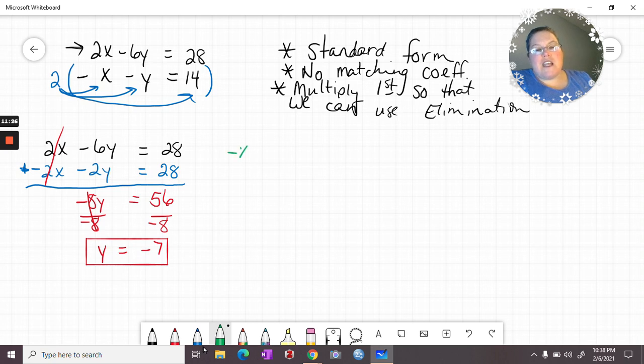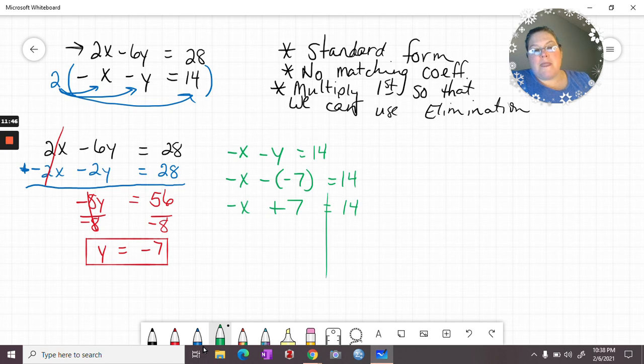So if I take that negative x minus y equals 14 and I put in negative 7 for y, I'm going to pay attention to my positives and negatives. So negative x plus 7 equals 14.